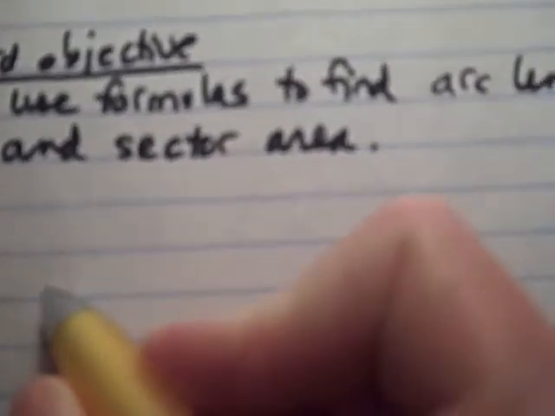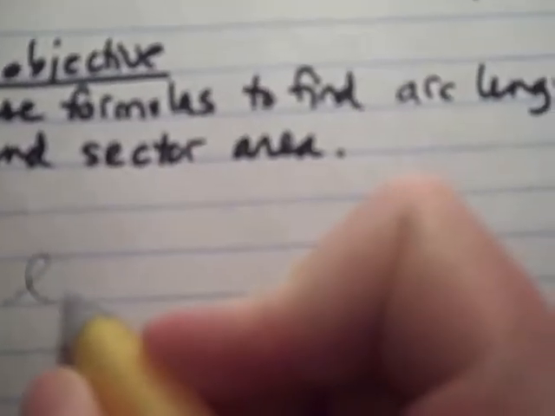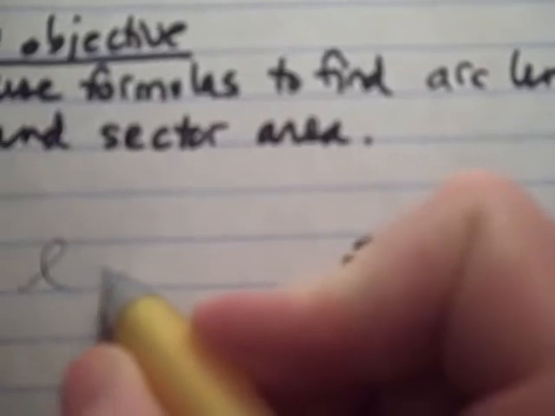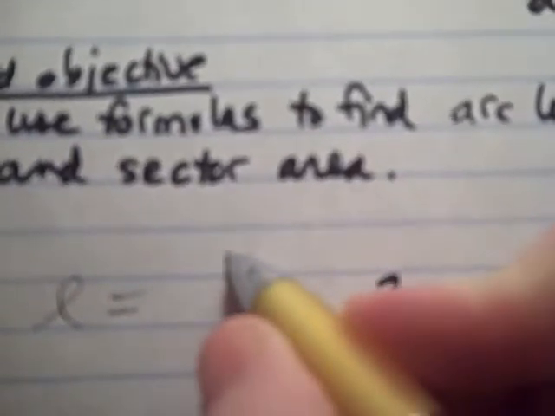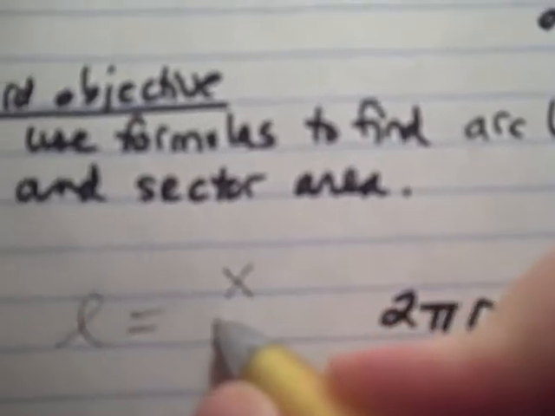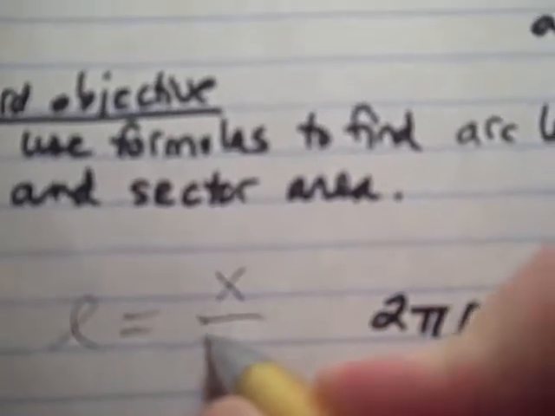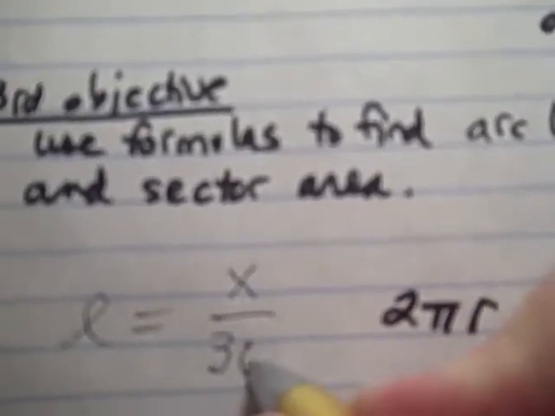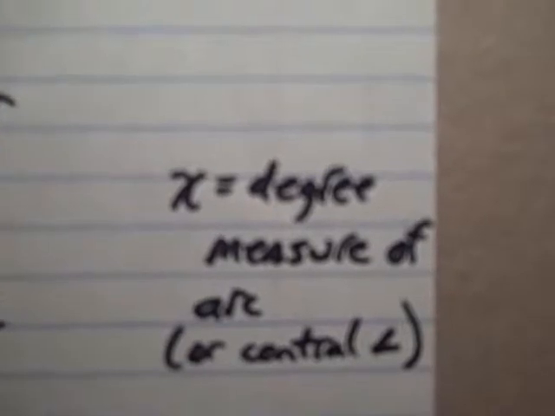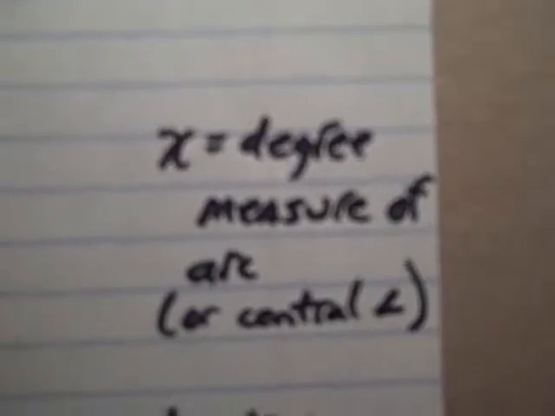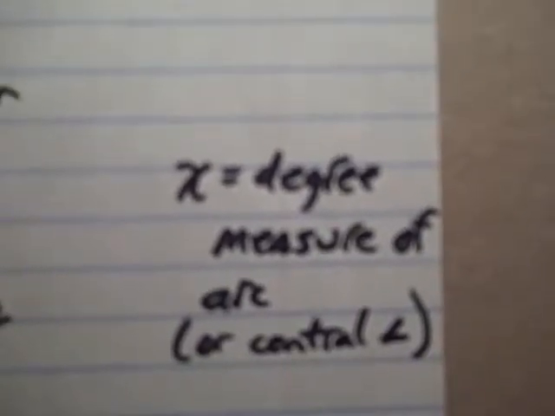So the arc length, we abbreviate it with a lowercase l, would be equal to the portion of the circle we have, however many degrees out of 360, times the entire circumference, where x is the degree measure of the arc, or the central angle, because remember, central angles equal their arcs.